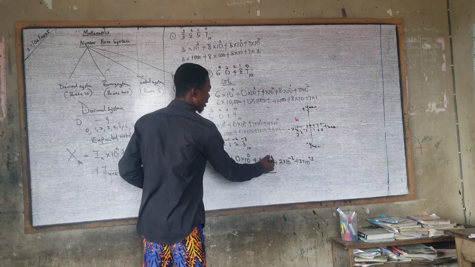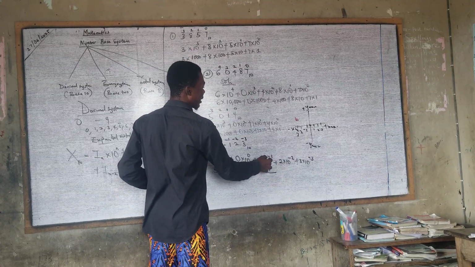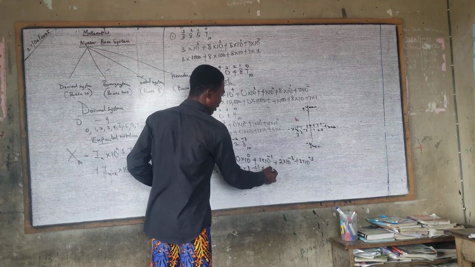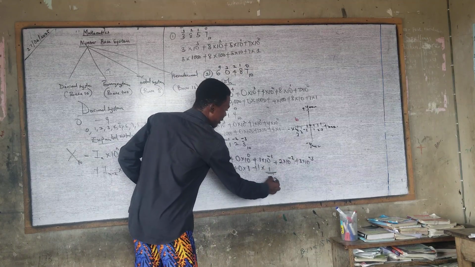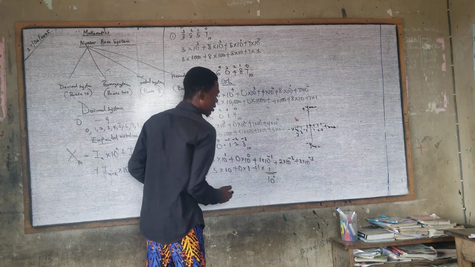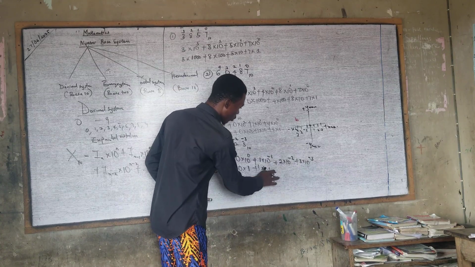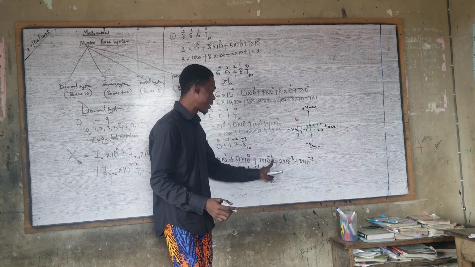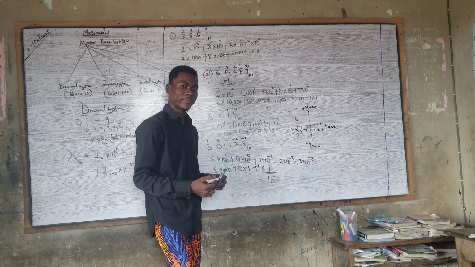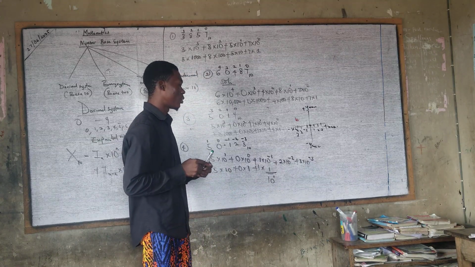That is, whenever you see a number carrying a negative power like this, it will have 1 over 10 raised to the power of 1. That is, this negative will change to 1 divided by. Then you write 10 raised to the power of 1.